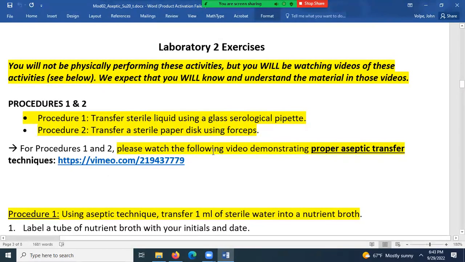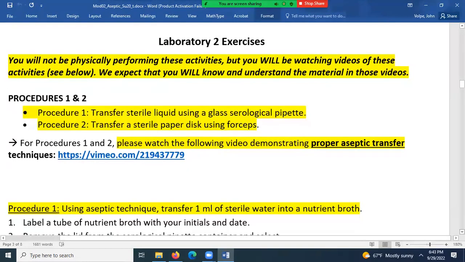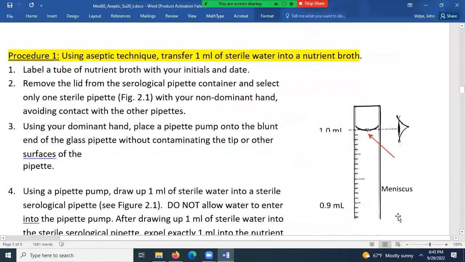So watch the procedures in the video here demonstrating proper aseptic transfer technique. In procedure 1, as I said, you're going to transfer 1 ml of sterile water into nutrient broth.